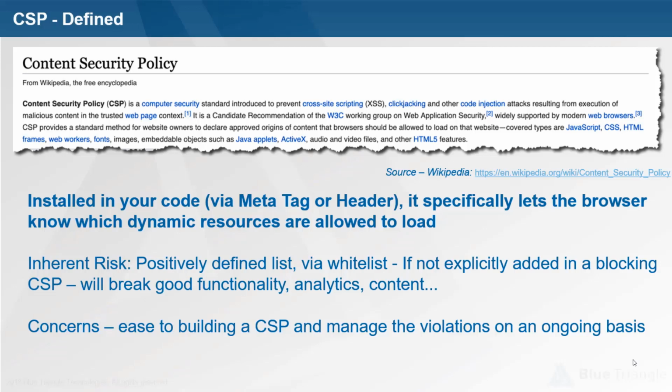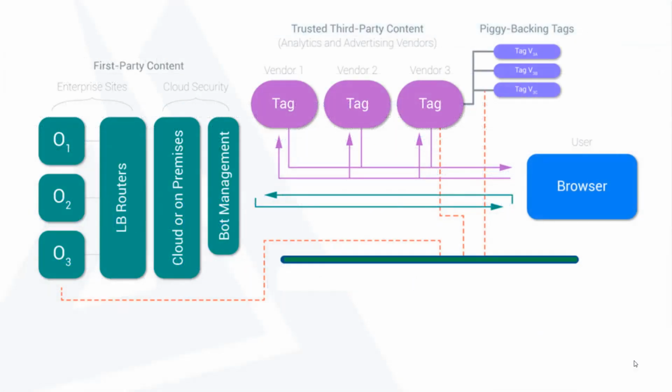So there are some concerns about being able to build a CSP correctly, and that is actually a valid concern and something that everyone should be worried about. That's what we're going to show you in terms of giving you the right context so you can build that effectively. Being able to manage that CSP and the ongoing violations are another concern, but we're going to answer that throughout this demo here today.